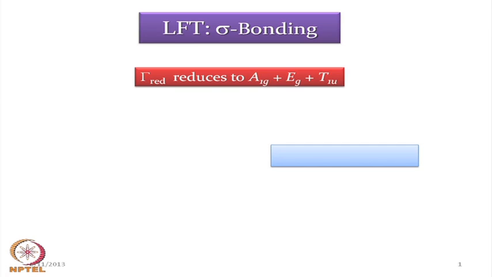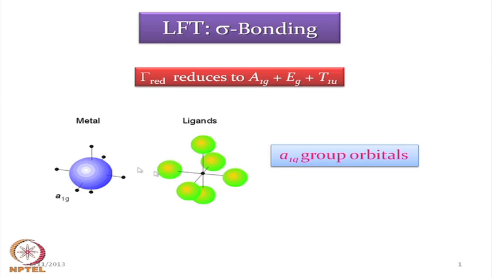The first one we have seen is the A1g group orbitals, a totally symmetric level. The symmetry adapted linear combinations, the SALC orbitals, in A1g symmetry can give us the matching orbitals on the metal side, which is A1g, a typical spherically symmetric one, the 3s or 4s orbital.